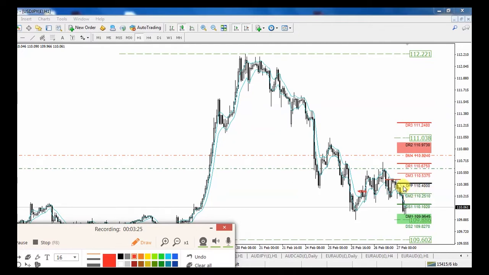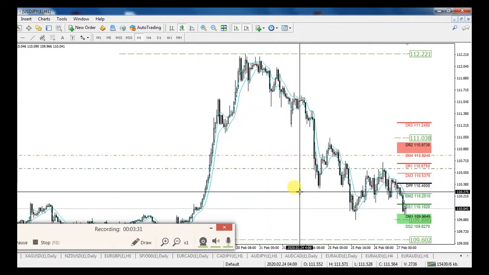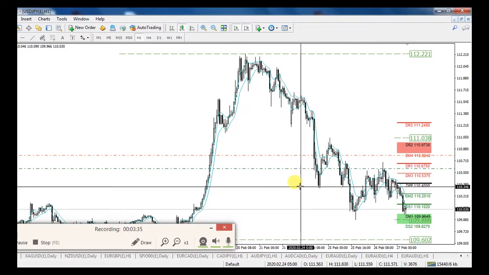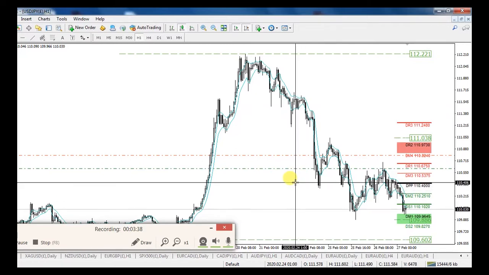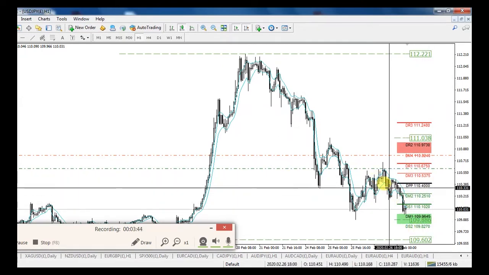Maybe we'll go and test this daily pivot. So I would be looking either at a first entry here about 110.28, or further up at 110.41, 42, around where the daily pivot is, obviously towards the sell side.